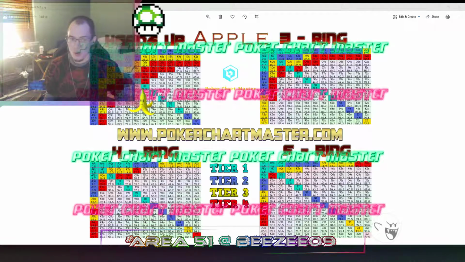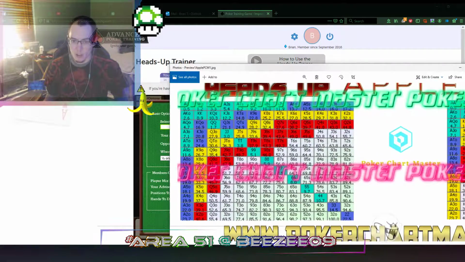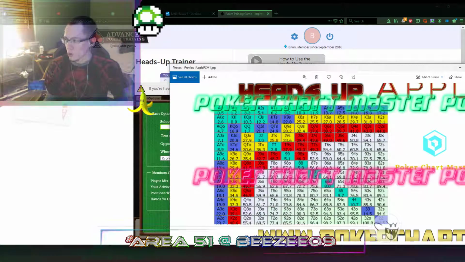So anyway, now that everybody saw what we're looking at, I'm going to show everybody how to do this. With Poker Chart Master, we're going to go play heads up. Since we're playing heads up, we need to use the optimal hand range while playing heads up. So we go and look at the hand range for heads up. As we can see, each of our hand ranges are broken down into 4 categories: Tier 1, Tier 2, Tier 3, and Tier 4.